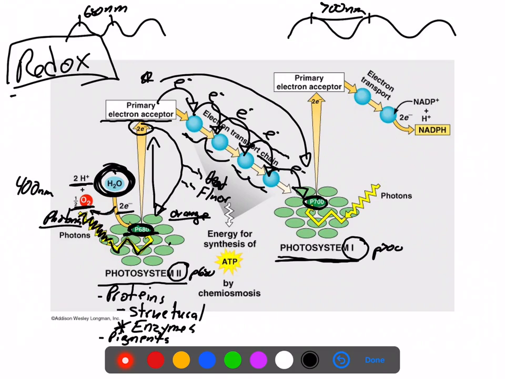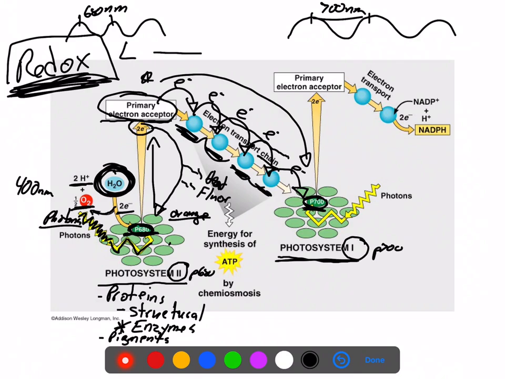How does the electron move all this time? It's moving through redox. Somebody's being oxidized, somebody's being reduced, right? Primary electron acceptor is now being oxidized by this guy. And then that guy gets oxidized by this guy. And so on and so forth until the electron ends up being here.